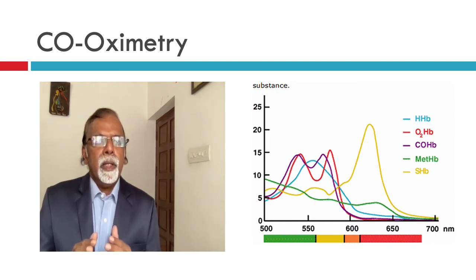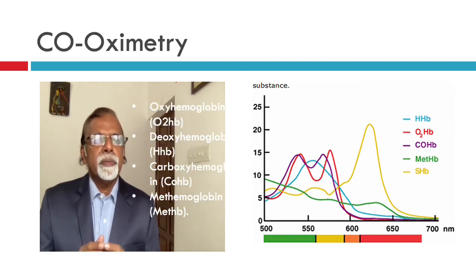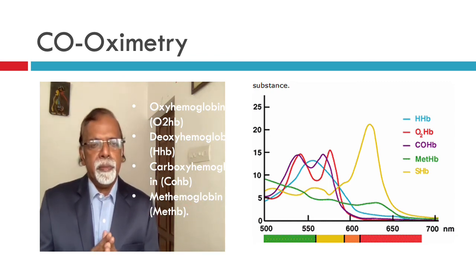Lights of 4 different wavelengths are used, and 4 hemoglobin derivatives can be identified: oxyhemoglobin, deoxyhemoglobin, carboxyhemoglobin, and methemoglobin. So in patients with carbon monoxide poisoning and methemoglobinemia, CO-oximetry will be able to identify abnormal hemoglobins.